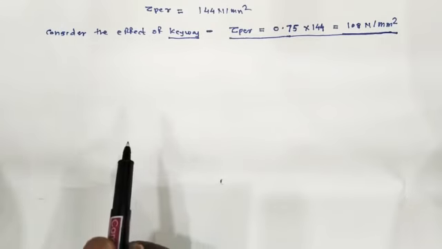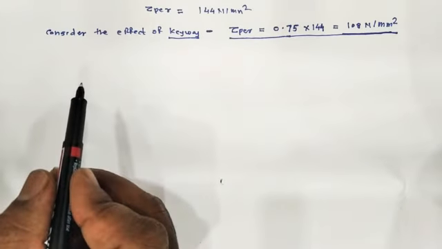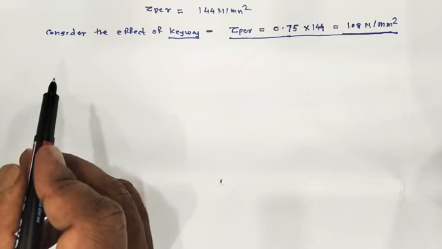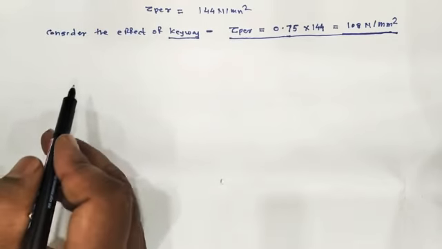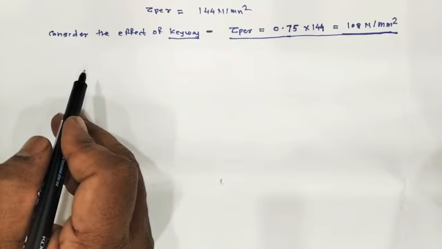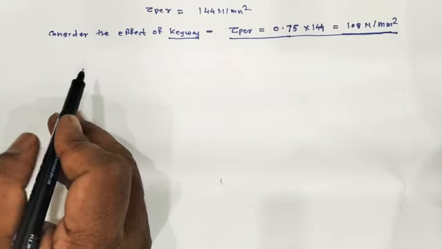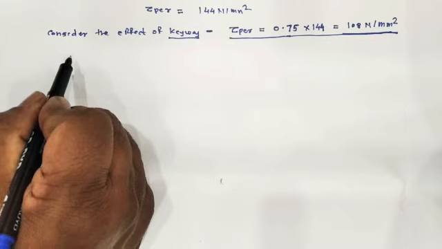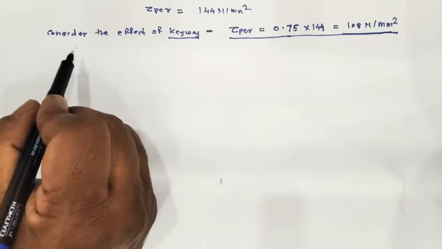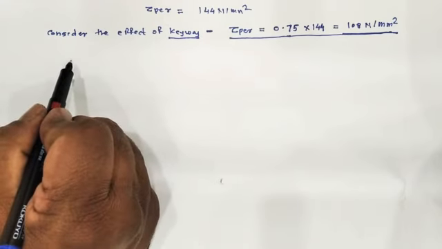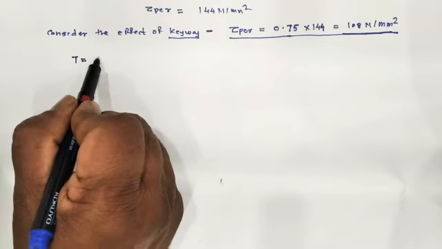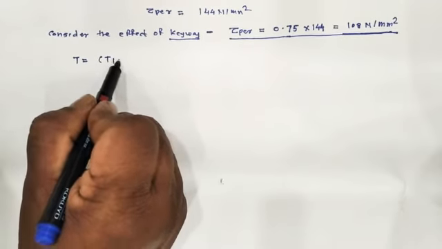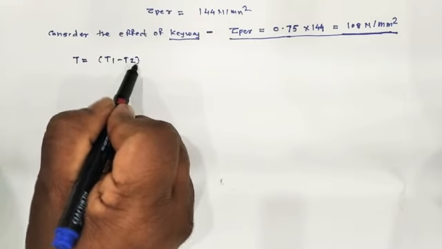Now moving to the next step, we have to calculate the value of the torque. The belt tension is not given directly, because here power is transmitted through the belt drive. So we have the formula T is equal to (T1 minus T2) into R.